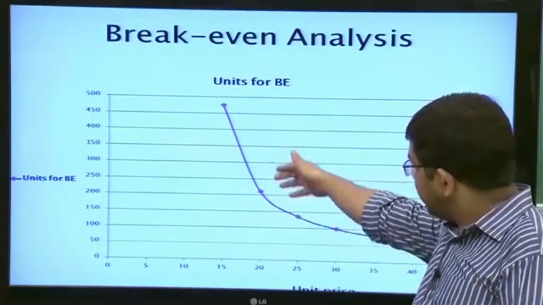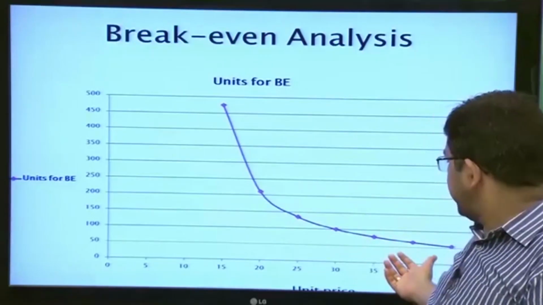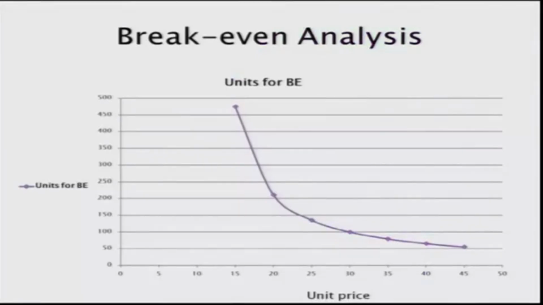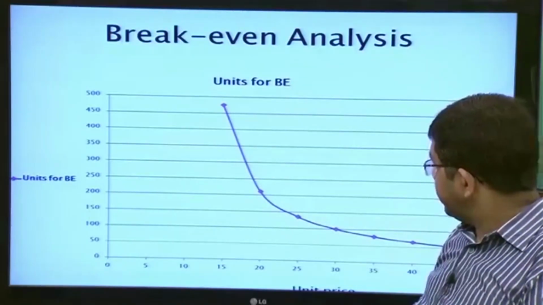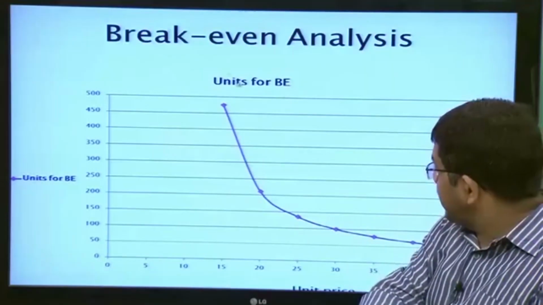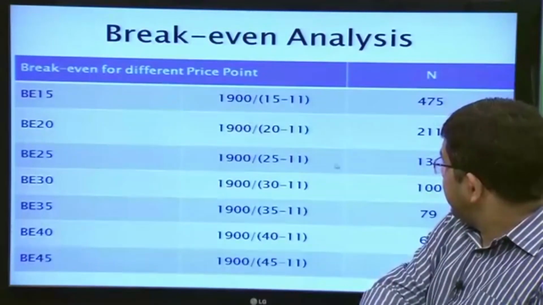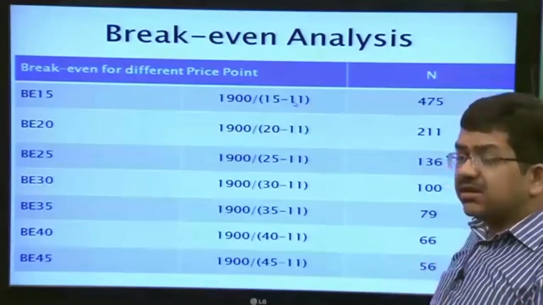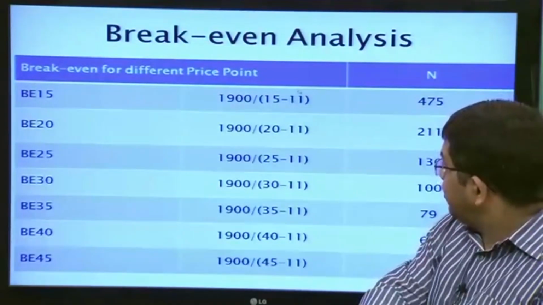You will see that initially there is a sharp decline, but after a particular point you do not get a similar level of advantage in terms of the number of units that you have to produce. So, with this I go back here, and you will see that the more contribution margin you have, the fewer units you have to sell or produce to break even.